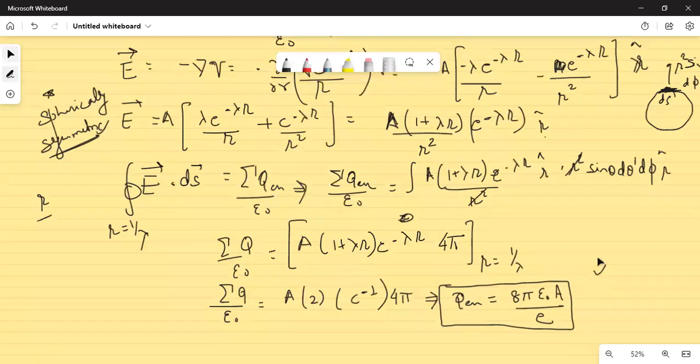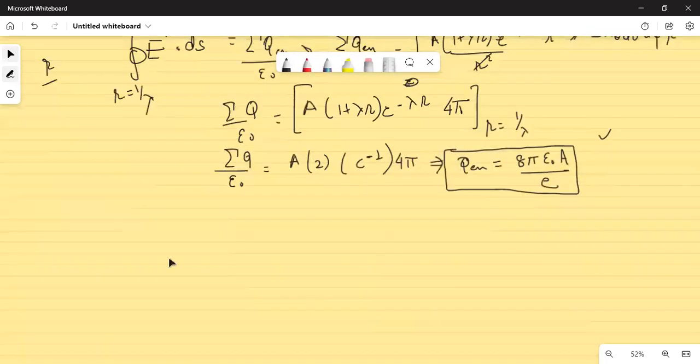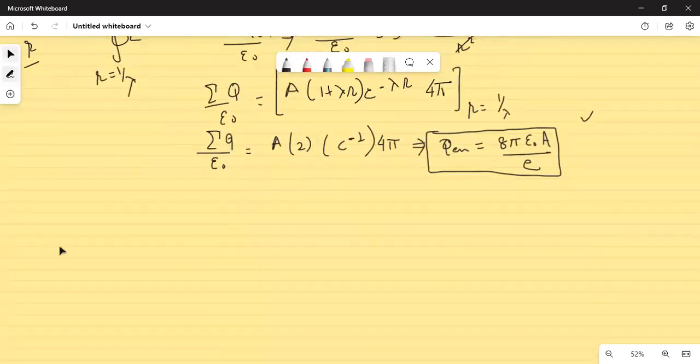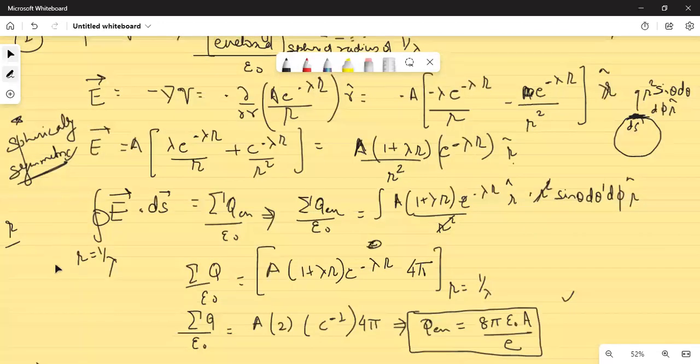Another approach that we can take is approach number 2. I have already found the electric field, so I'll write it as it is. Just give me a minute, I'll copy it down.